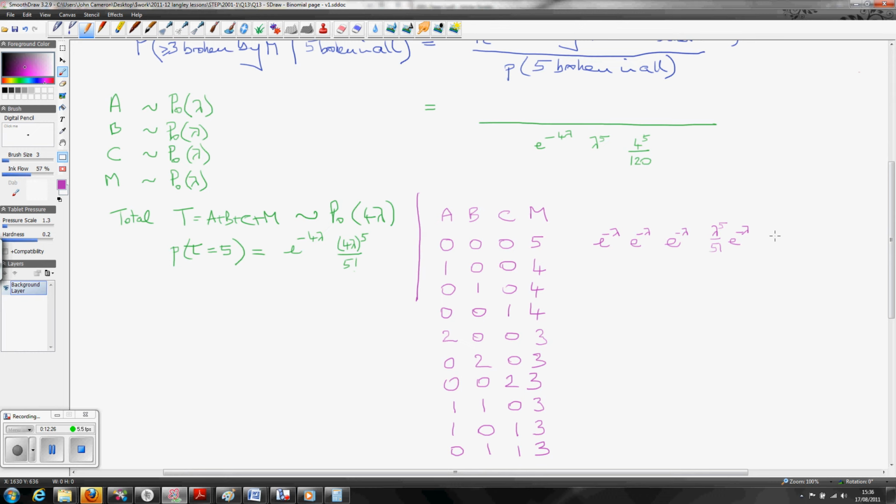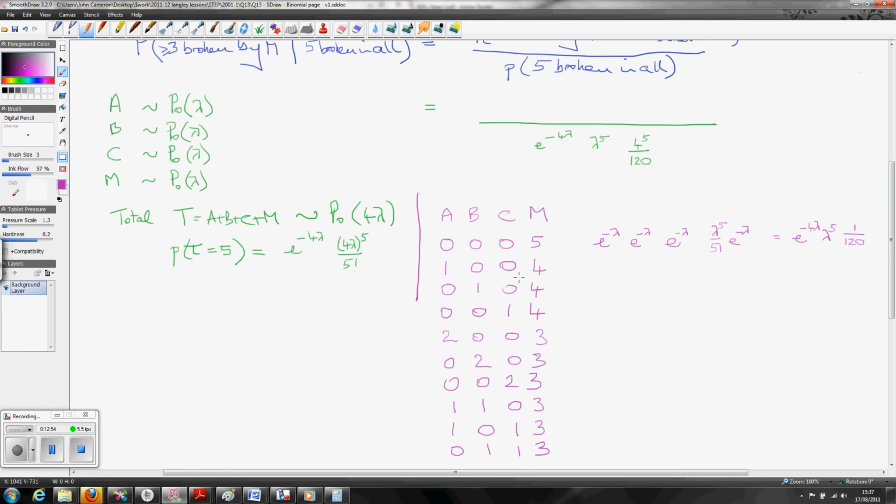And let me just simplify that a little bit. Put that equal to e to the minus lambda times e to the minus lambda times e to the minus lambda times e to the minus lambda, which is e to the minus 4 lambda. And what I'm left with is lambda to the 5, that factors there. And now what I'm left with is 1 over 5 factorial, which I'll just put in as 1 over 120.